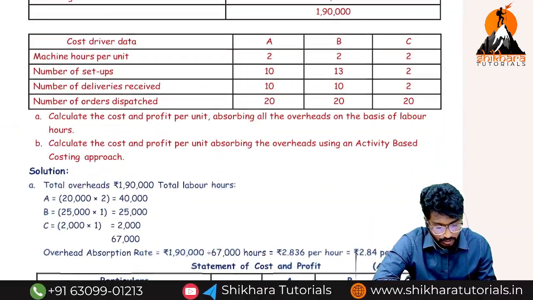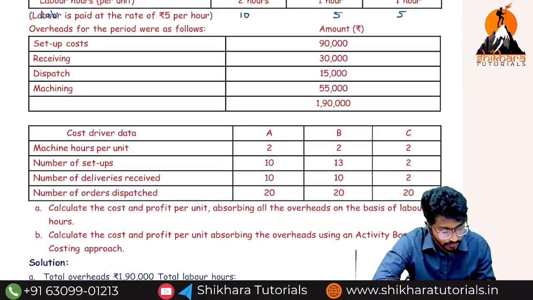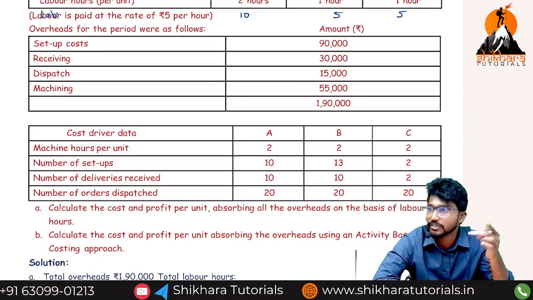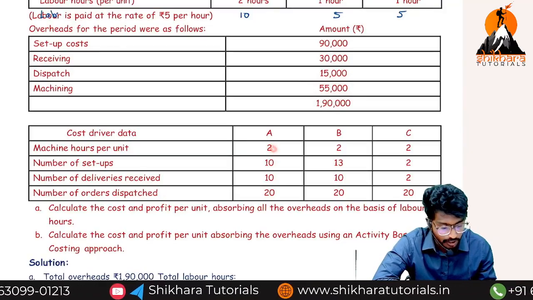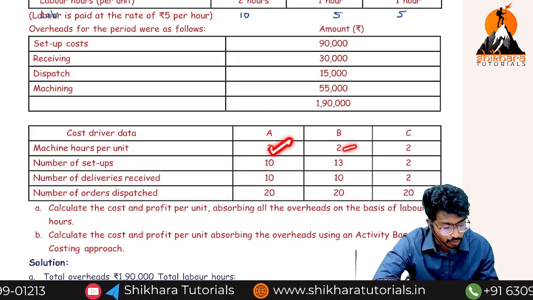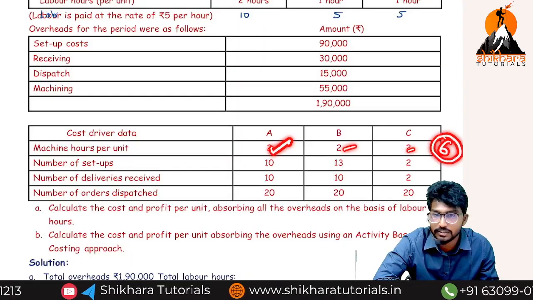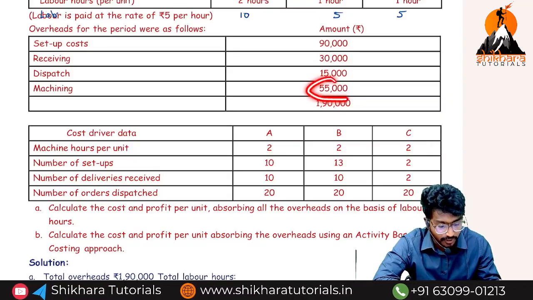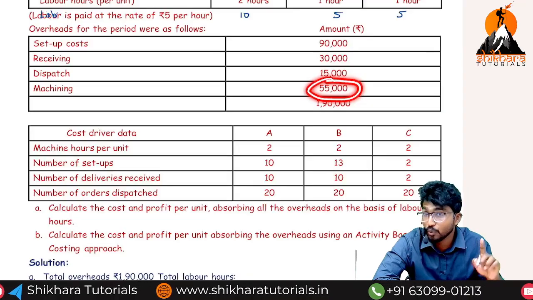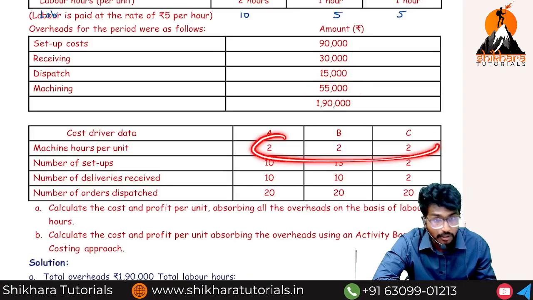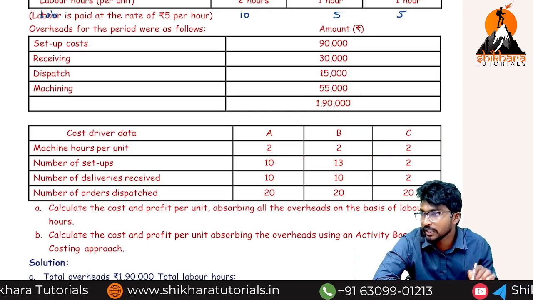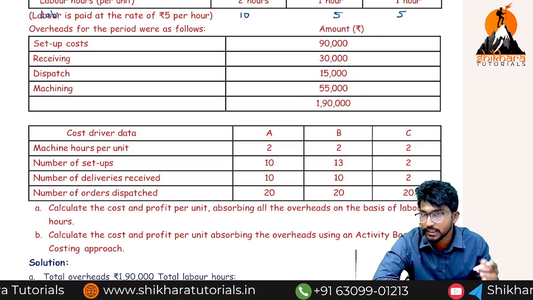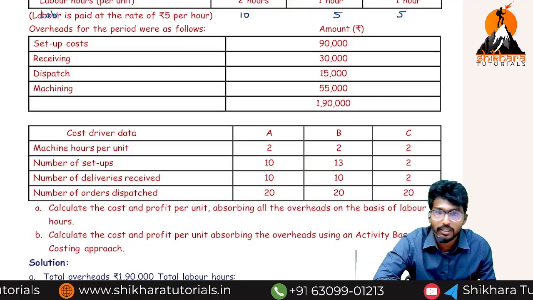This 55,000 is incurred for total machine hours, not for this 2 plus 2 plus 2, not for 6 machine hours. Here they have given per unit. You have to multiply with the number of units, then only you will get the total number of machine hours.